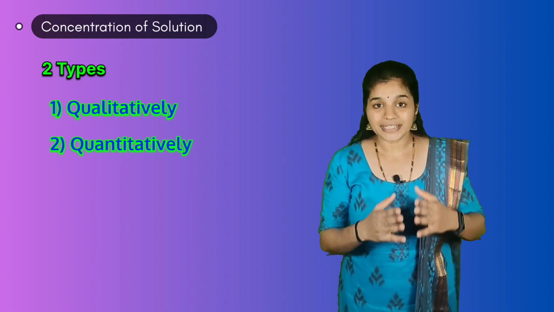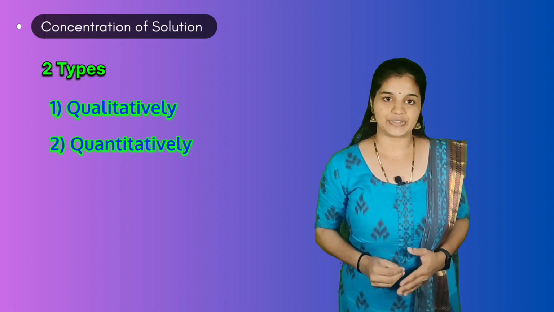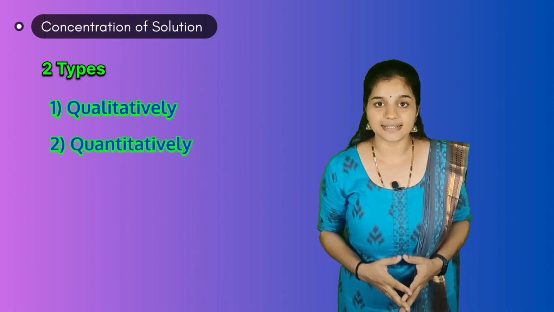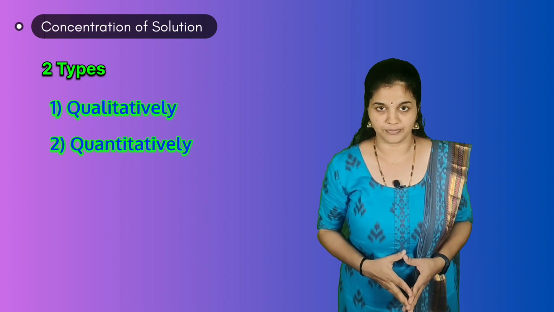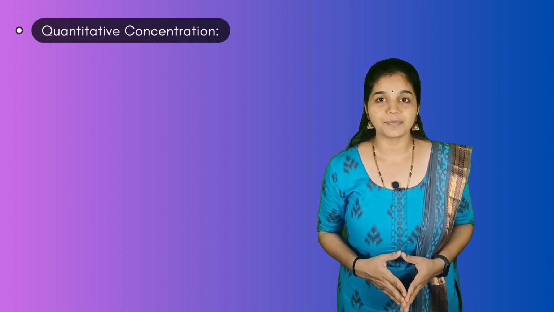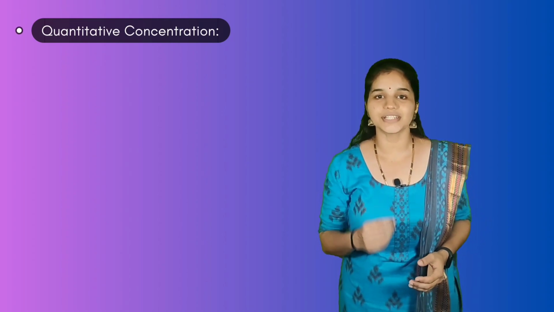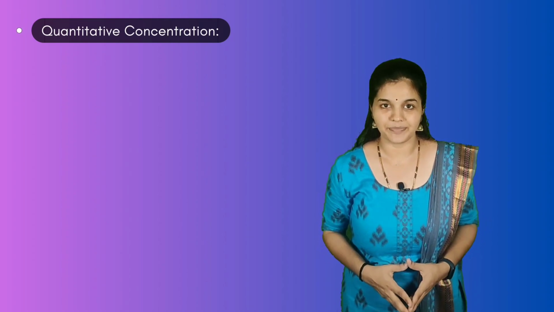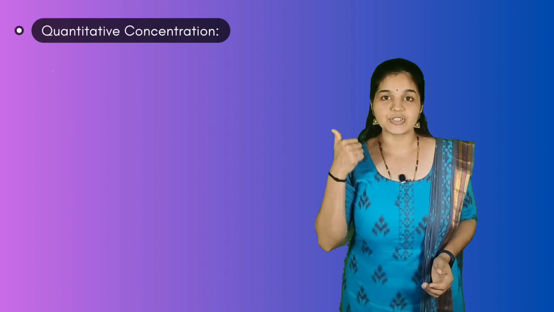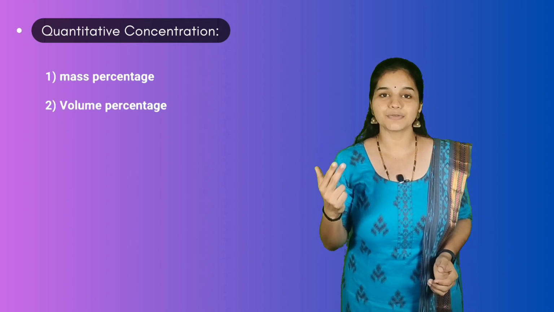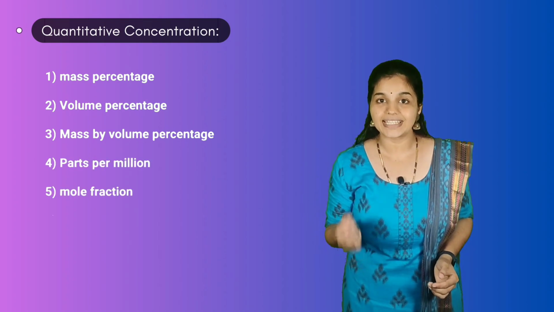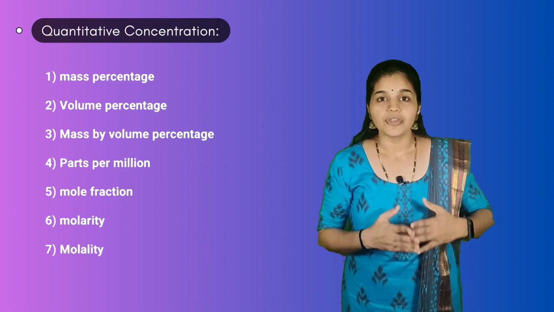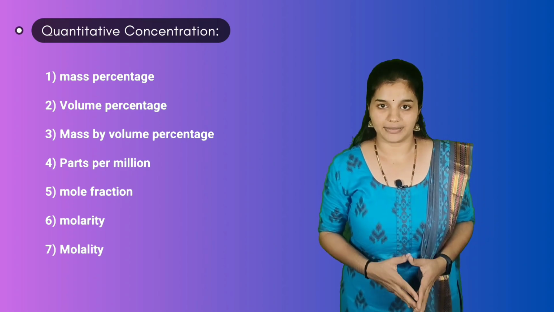So quantitative description of concentrations gives us a better understanding about the concentration of components in the solution. There are several ways by which we can describe concentration of the solution quantitatively. They are mass percentage, volume percentage, mass by volume percentage, parts per million, mole fraction, molarity and molality. We shall discuss all these one by one.